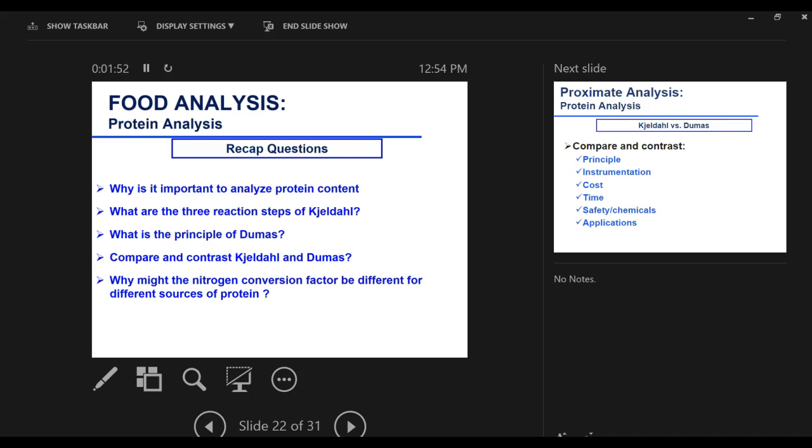And if we're labeling, we have to do it by difference.